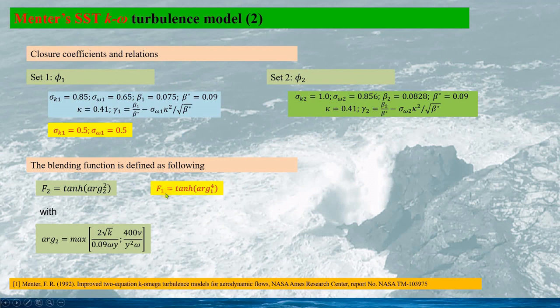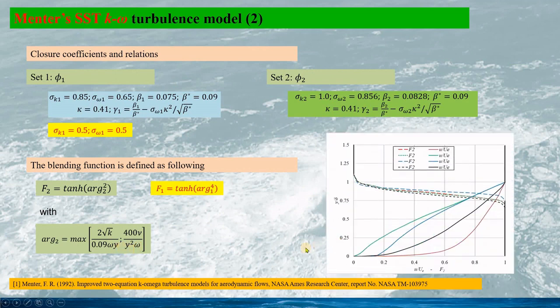If we compare to F1, we can see the difference in the formulation of F2 and F1. The argument for the blending function F2 is calculated with this formula. So if we draw out the boundary layer and the blending function, we have the drawing as this. For different boundary layers, see the solid lines, we have slightly different blending function F2.